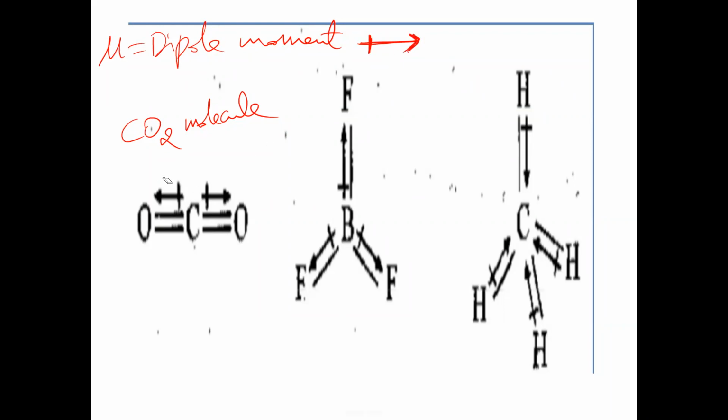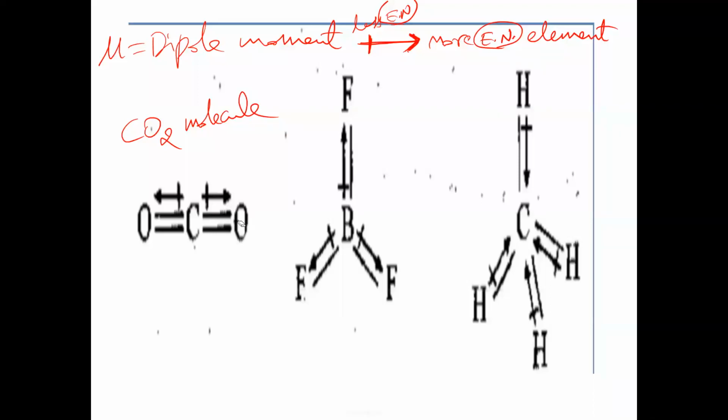The head of the arrow will be towards the more electronegative element, and the crossed tail will be towards the less electronegative element. The head of this arrow should be towards the more electronegative element.